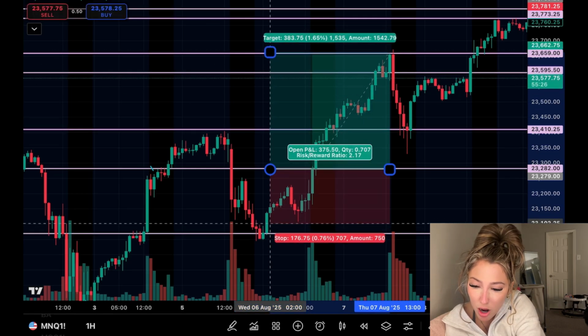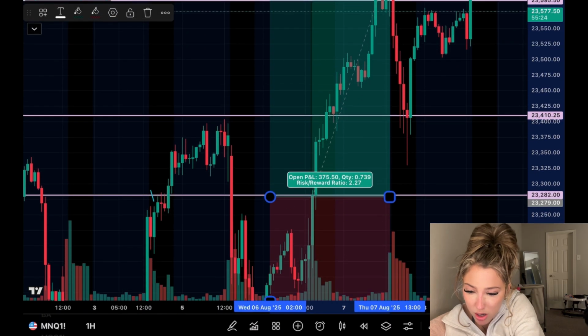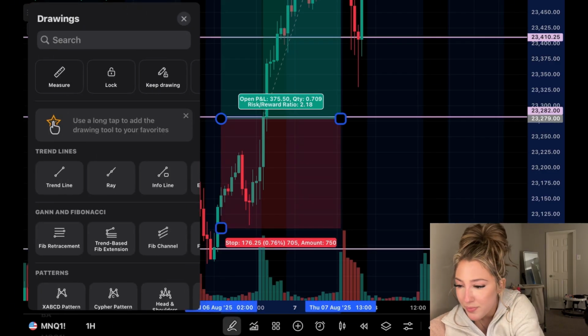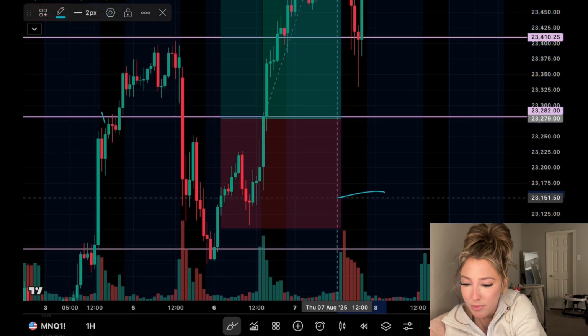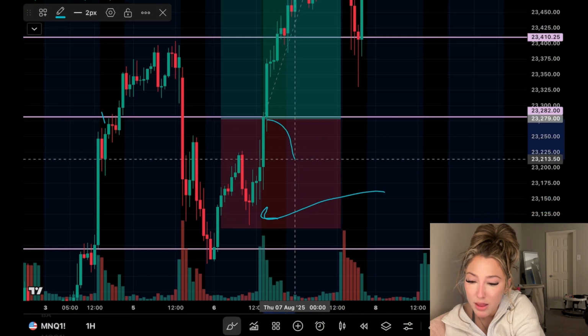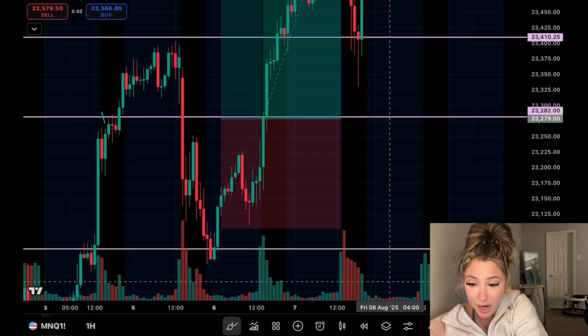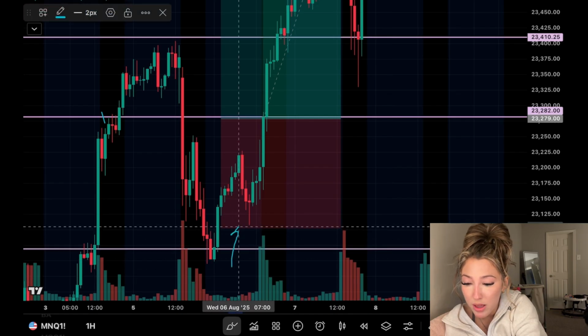And we put our stop at break of structure, which would be making a lower low. So if we close below right here, that would be the trend making a lower low, and then it would just continue down, right? Okay, so we put that there.